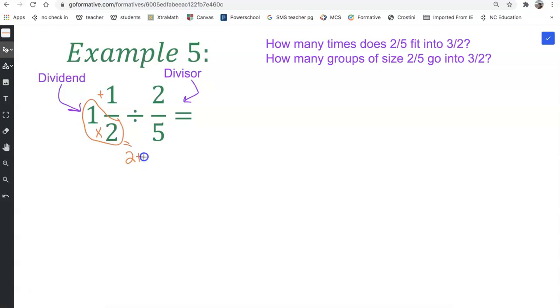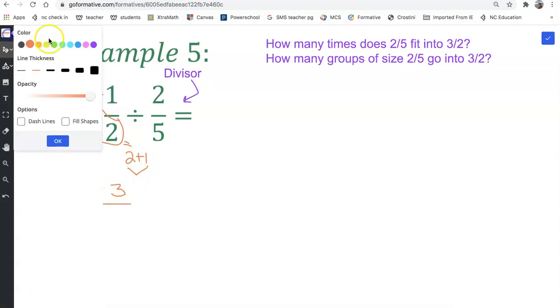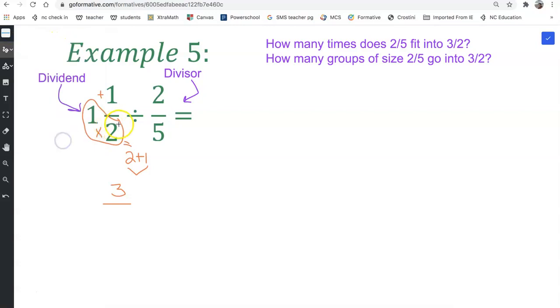So I add 1 and I get 3. So 2 plus 1 is 3. That's the numerator. And then the denominator remains a 2, so this denominator stays the same. So 1 1/2 is equivalent to 3/2.